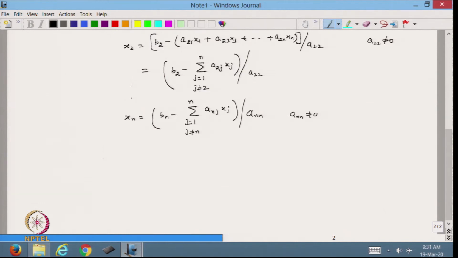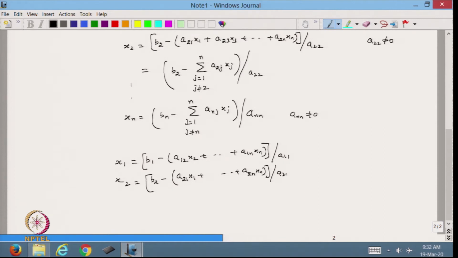If you combine all these equations together, you will see that x1 is b1 minus a12 x2 up to a1n xn, divided by a11. Then x2 is b2 minus a21 x1 up to a2n xn, divided by a22.